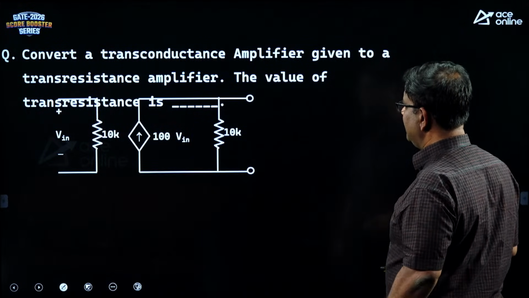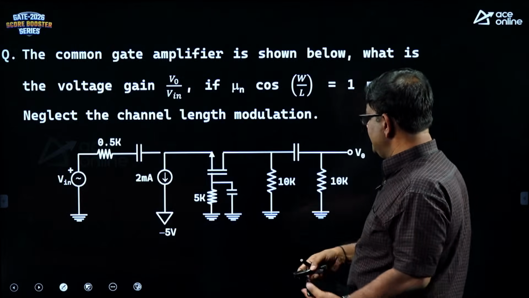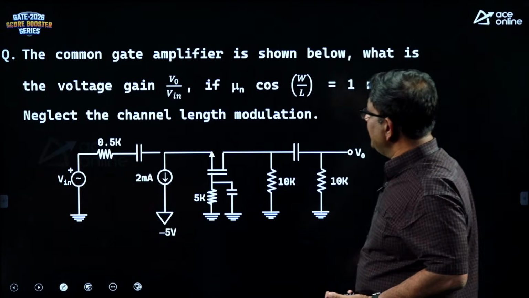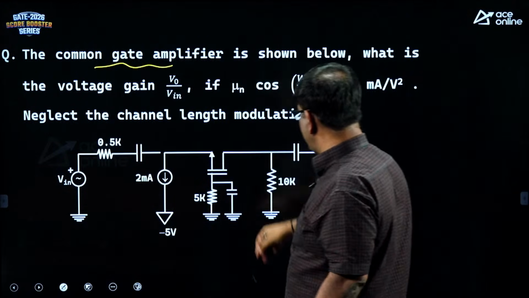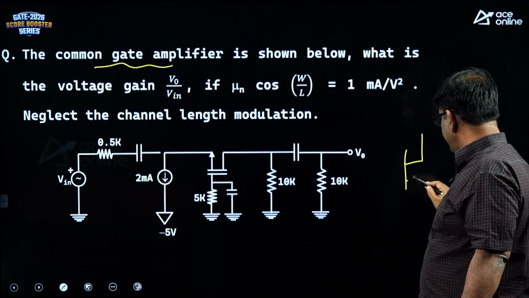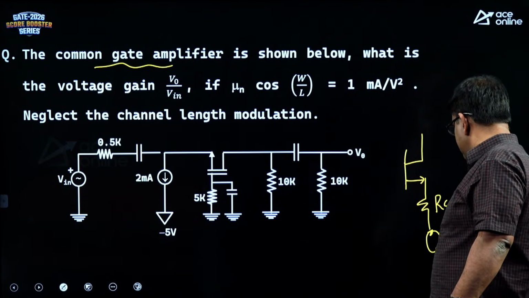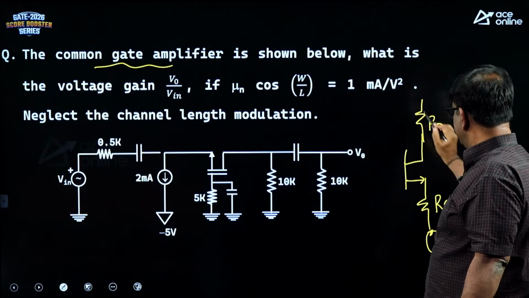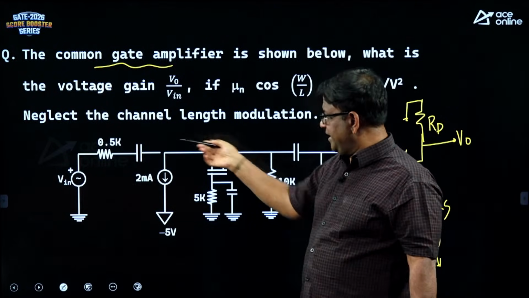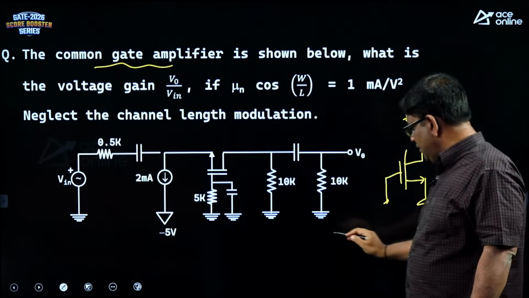So, these are simple network problems. So, only last problem is there. This one is the common gate amplifier. Okay, I thought common source, it is common gate. So, you are asked to find V0 by V. So, let me write a common gate here. So, here you have RS and this is RD. Please substitute the values. Since RS and RD are there, you can just do it.